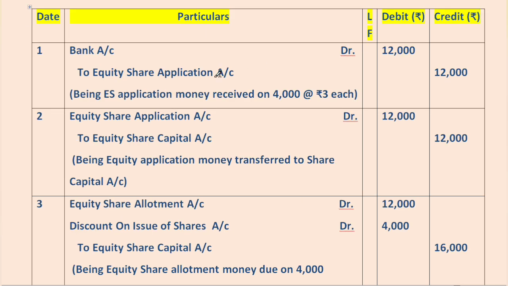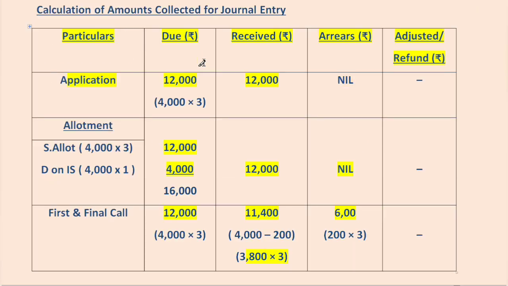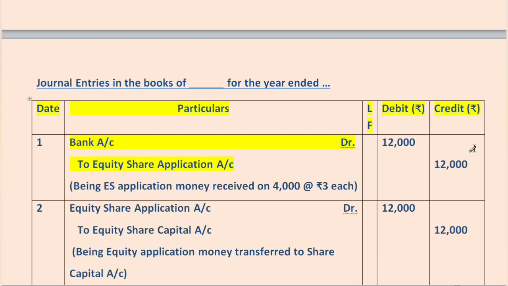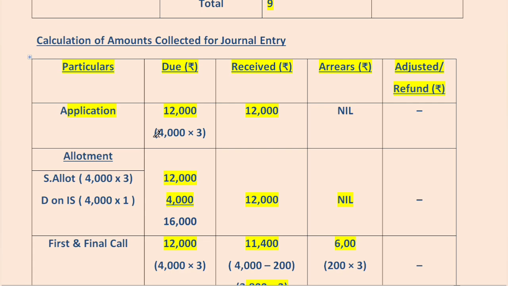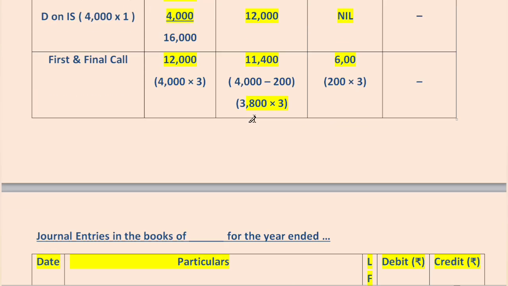Now the first entry is application money received, right? Who receives the application money from shareholders? Bank. So bank account debit to equity share application account, 12,000 rupees received. Being equity share application money received on 4,000 shares at rupees 3 per share.